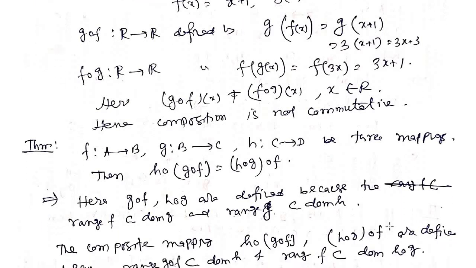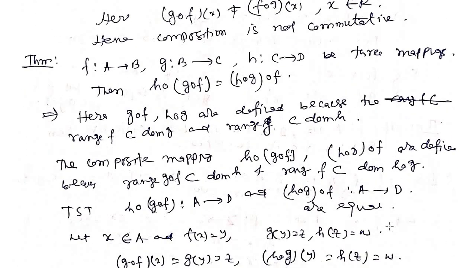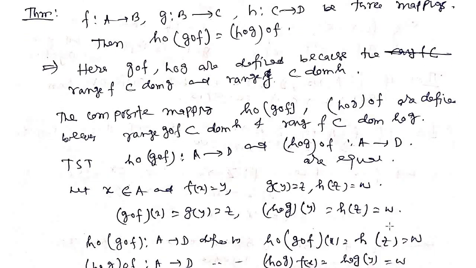But composition mapping is associative. Associative means what? That is, h compose g compose f. We have taken the bracket on the second two terms. If we take the bracket on the first two terms, then this will be equal. First of all, we have to say that these functions g compose f and h compose g are defined.